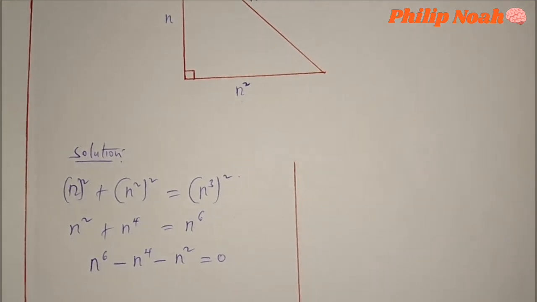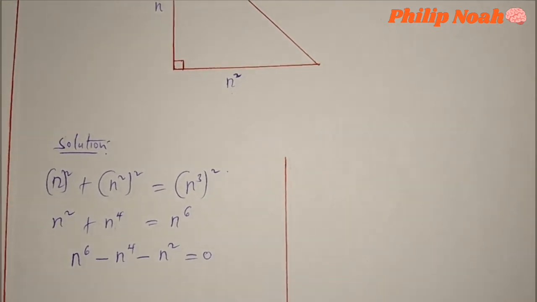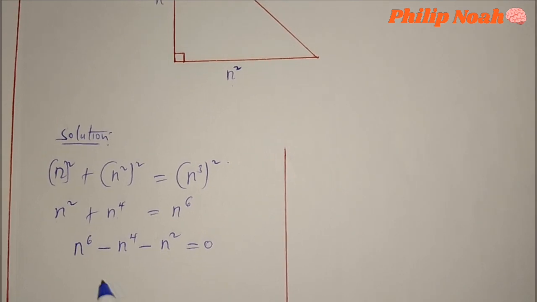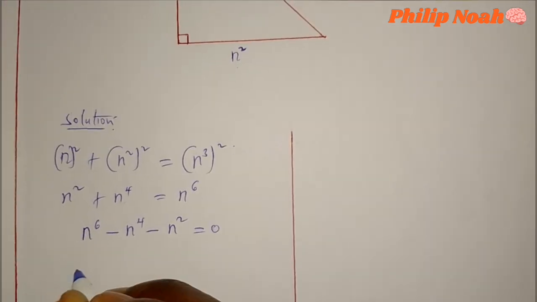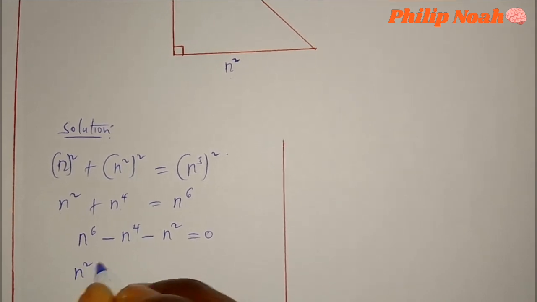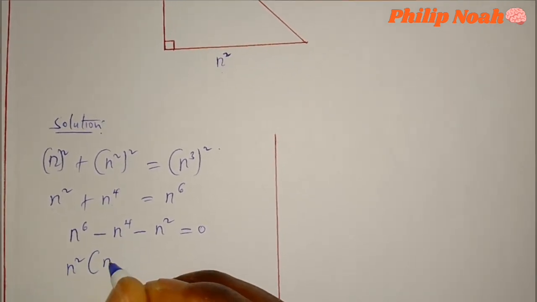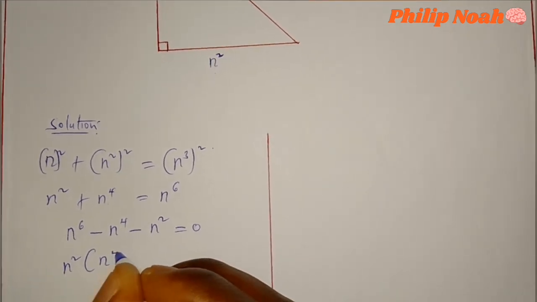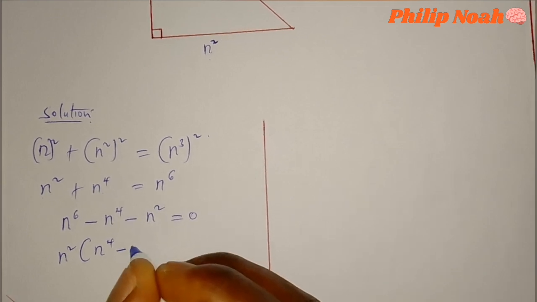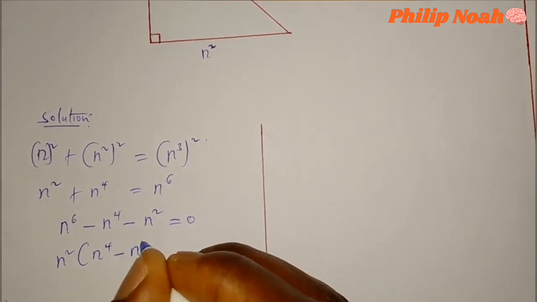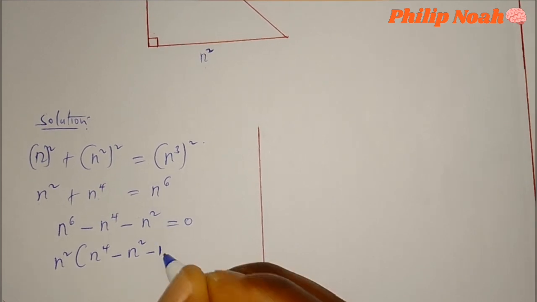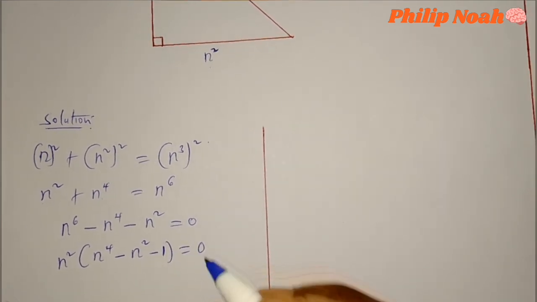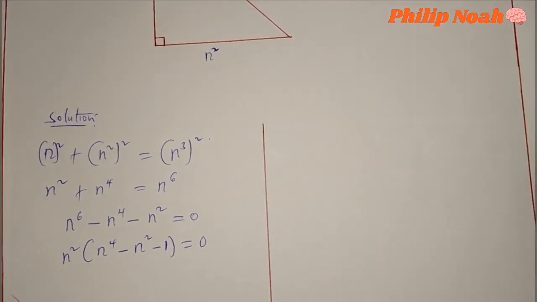Okay, at this point we can factor out n squared, and now we have n squared into n power 4 minus n squared minus 1 is equals to 0.